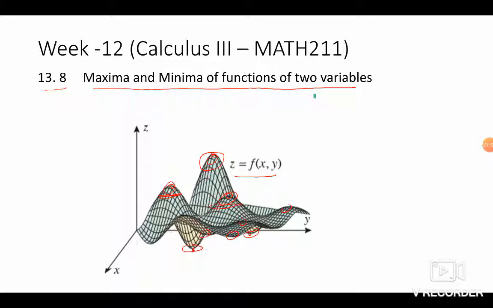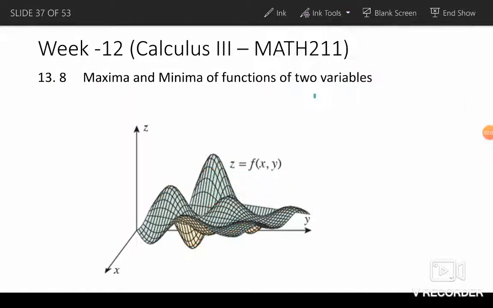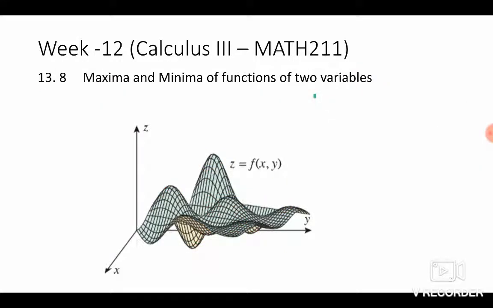For example, in this entire graph, this is the highest peak, and this is the deepest valley. We call it the absolute maximum of all maximums, and this is the absolute minimum within the entire range. If this happens in the entire domain of the function, then it is an absolute maximum or absolute minimum, right? Fine.